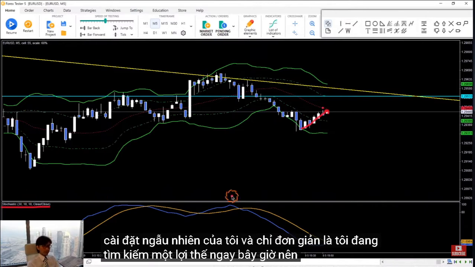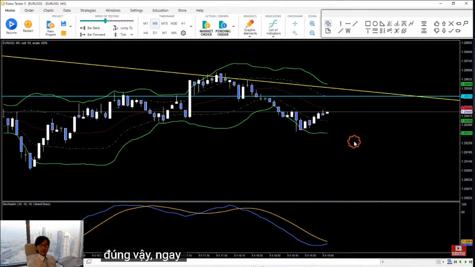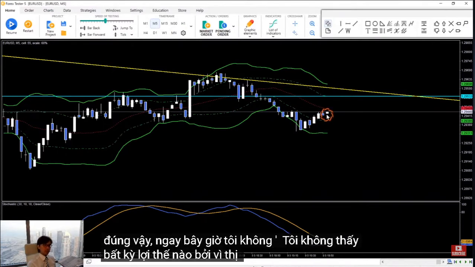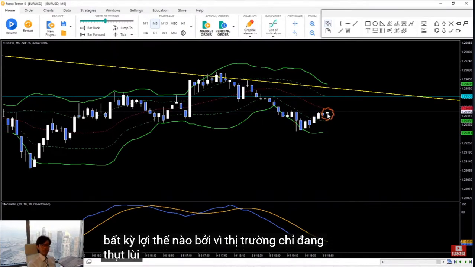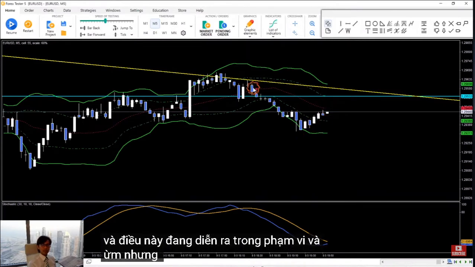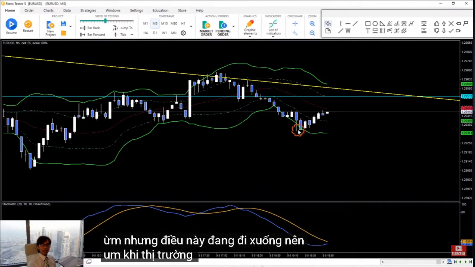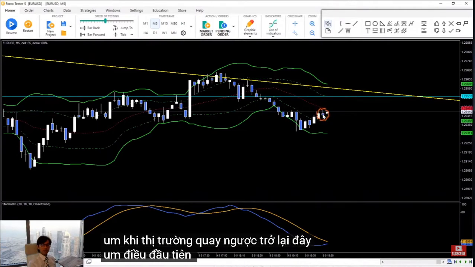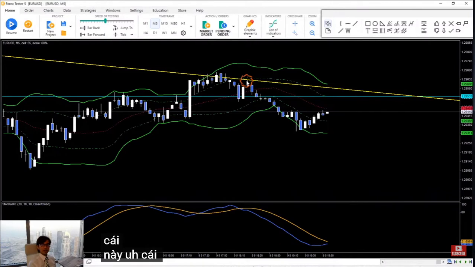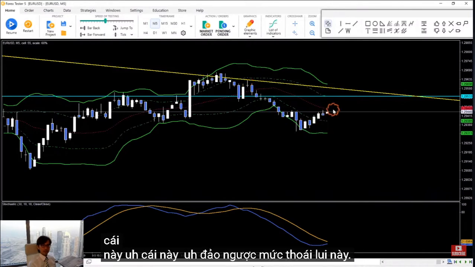So yeah, right now I don't see any edge because the market is just retracing backwards, and this is going within the band, but this is going down. As the market retraces backwards here, the first thing that comes to mind is this retracement.